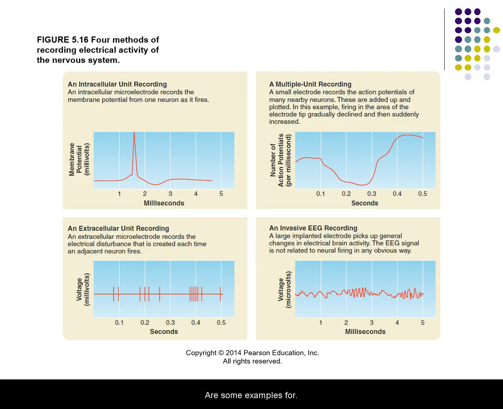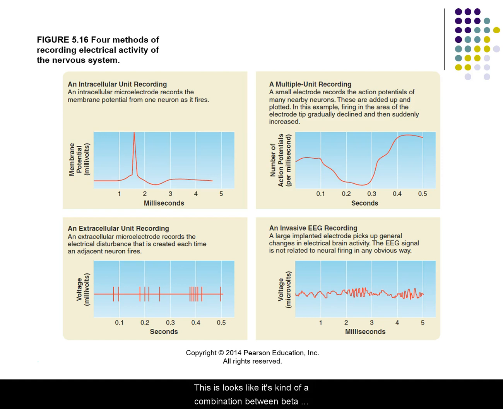Here are some examples for you. In intracellular unit recording, top left, and then at the bottom, an extracellular unit recording. Multiple unit recording, that's surrounding around, see it says a number of action potentials. And then invasive EEG, again, you're going to have that line.